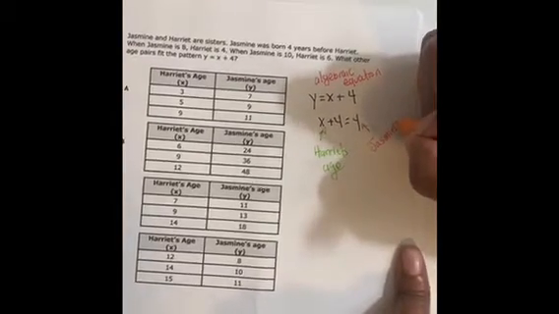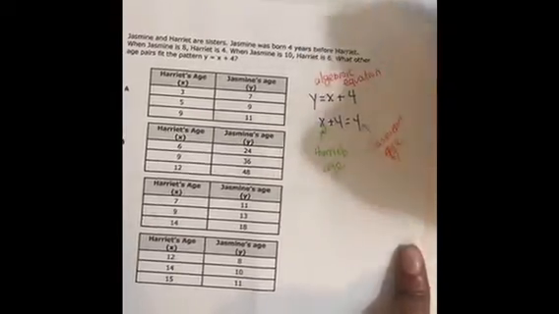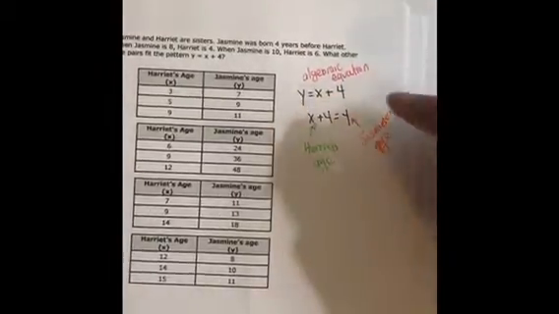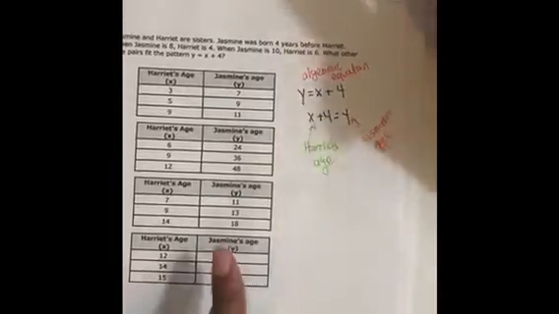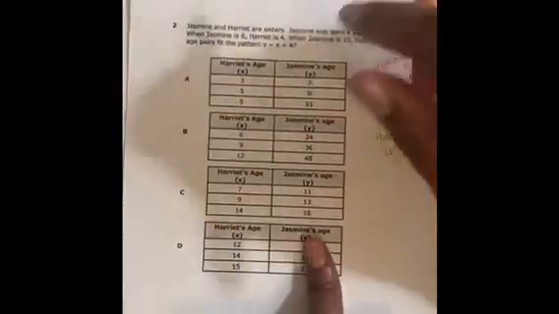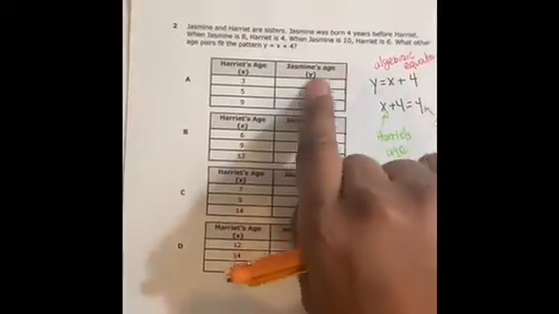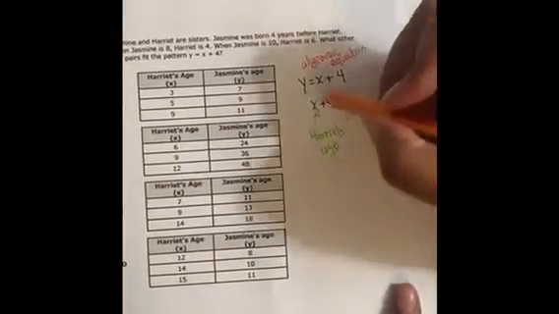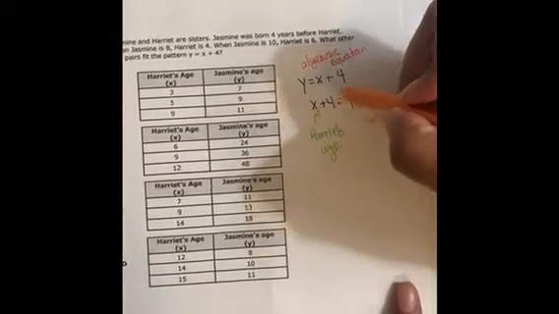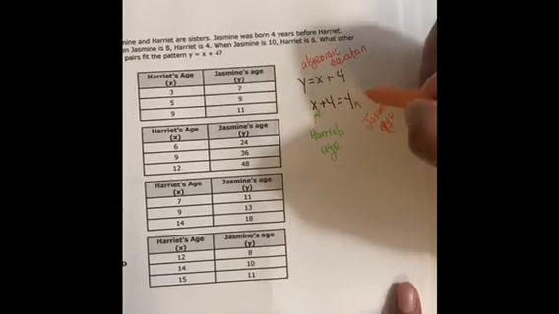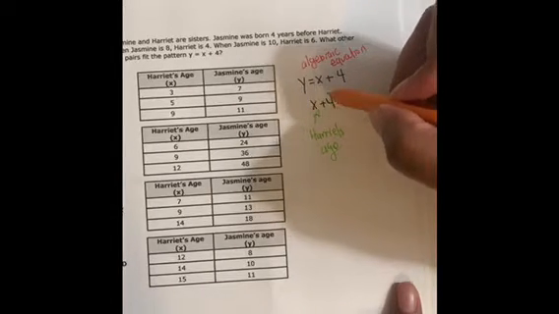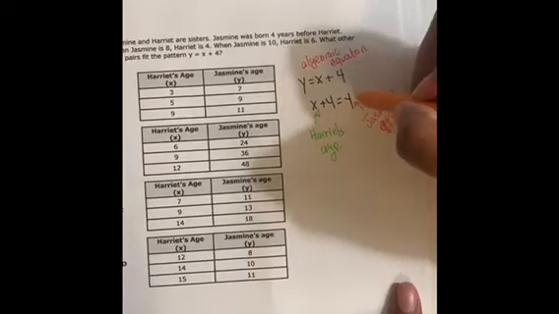Sorry, I spelled that wrong. Jasmine's age. So you've got x, which is Harriet's age, and y, which is Jasmine's age. And really, you can look at your answer choices, and if you read the problem, you'll see that. Harriet's age is x, Jasmine's age is y. So we know that whatever x is, when we add 4 to it, it has to equal y.